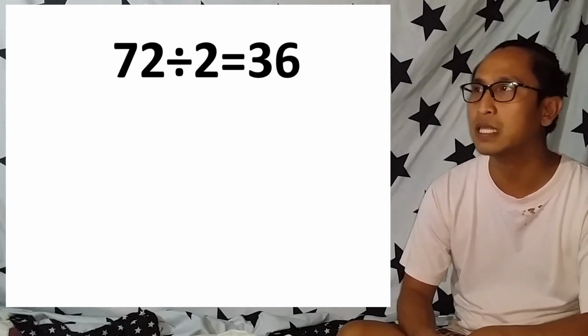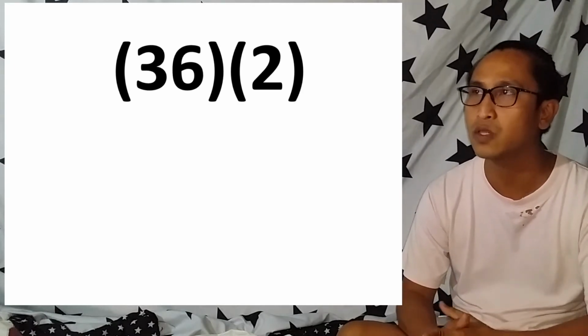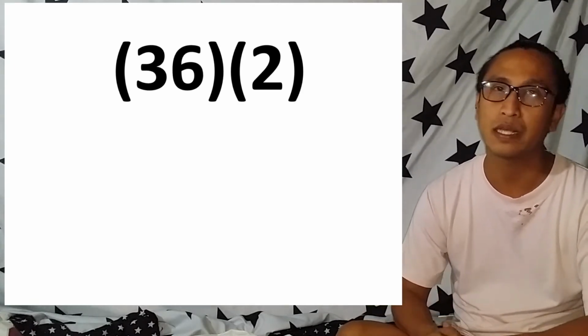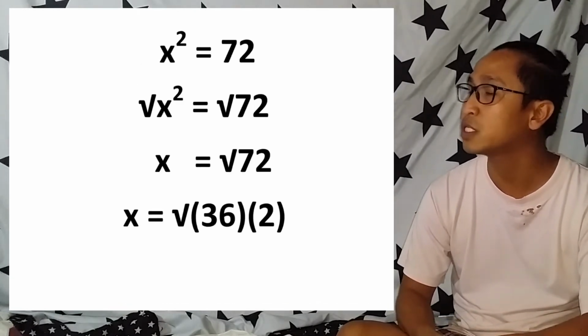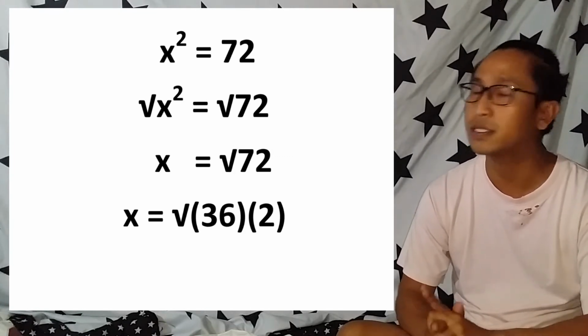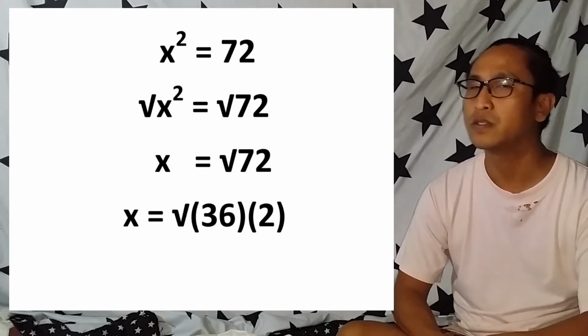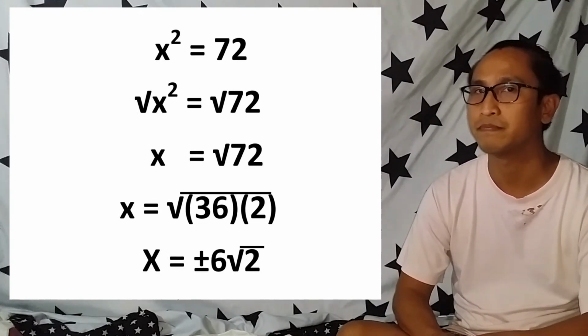Meaning to say that 36 and 2 are factors of 72. And 36 is a perfect square. So we now have x is equal to the square root of 36 times 2. Take the square root of 36. So we have positive or negative 6 square root of 2.